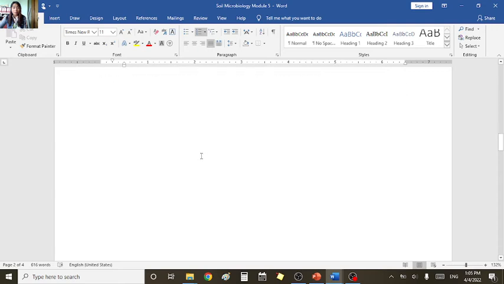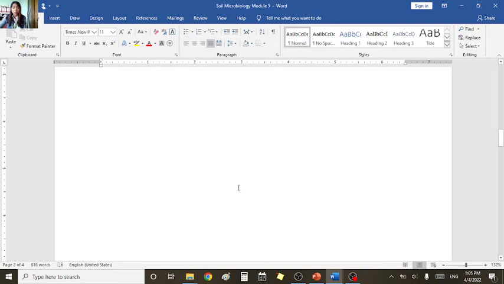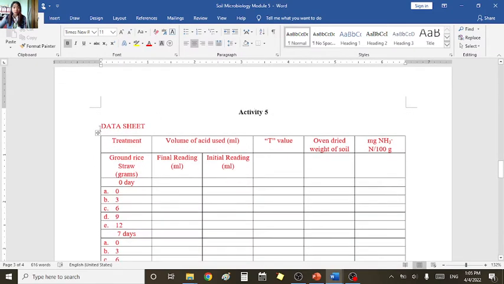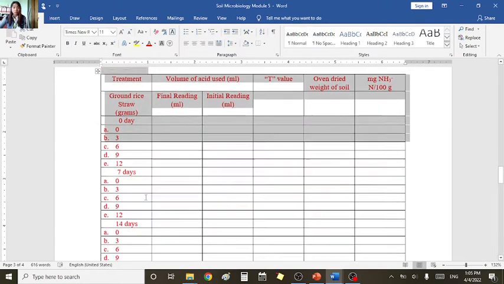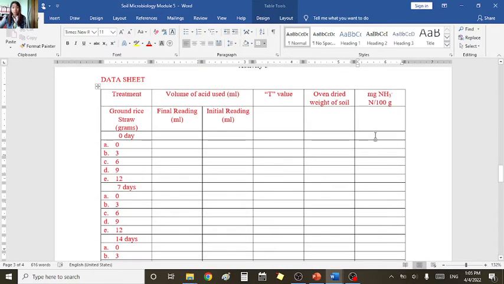Okay? So just read. I recommend you to read this one kasi makakapulot kayo ng sagot here. And then for your exercise number 5, of course, you are not going to do this, pero alam na ninyo yung result ha, na dun sa control na walang rice straw, mas malaki yung amount ng ammonia na na-produce.